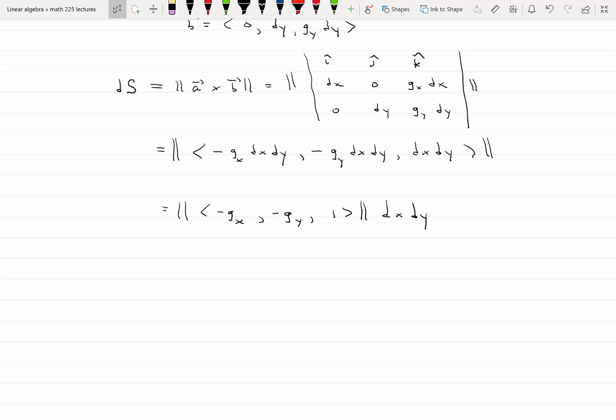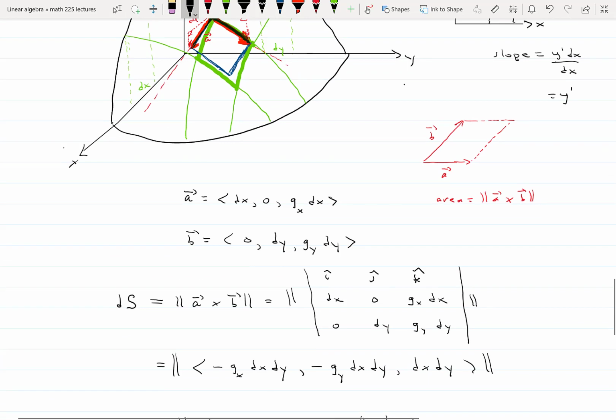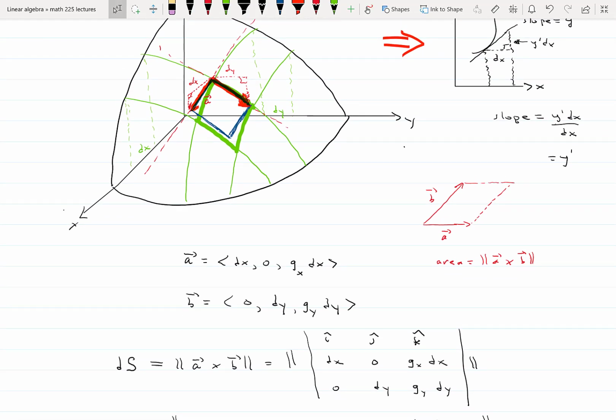Okay. Now let's take this magnitude. This is the square root of, I'm rearranging the order, 1 plus negative g_x squared, which is positive g sub x squared, plus g sub y squared. And that dx dy can be considered a small dA in the xy plane. It would probably mess up my drawing to try to draw that in, but I'll give it a shot.